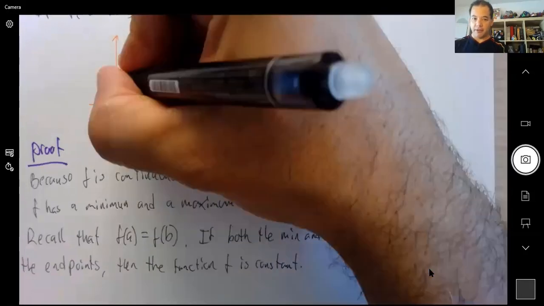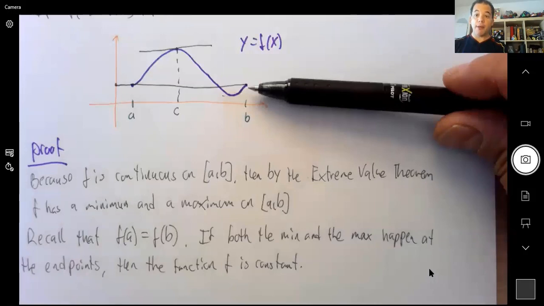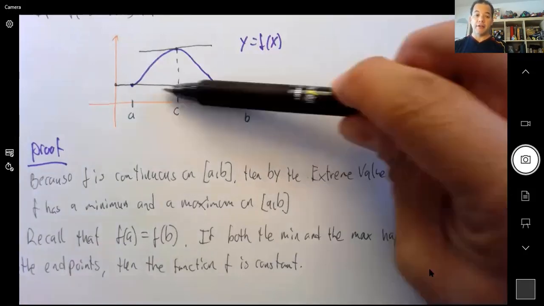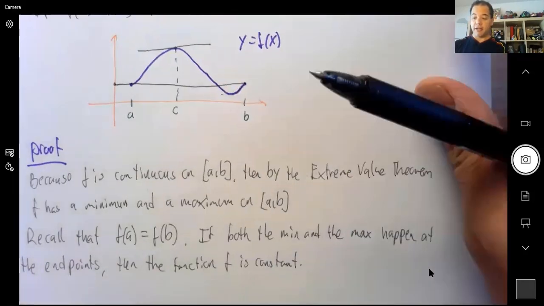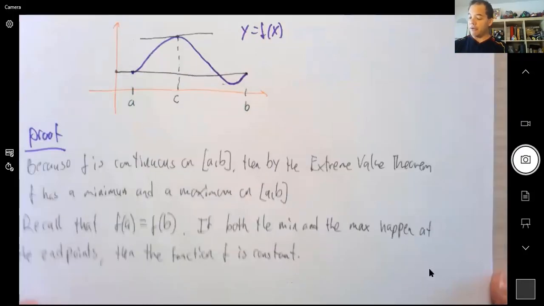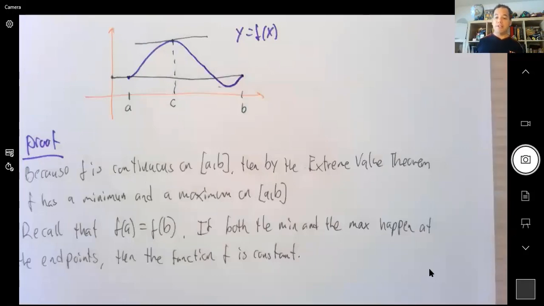This height over here. And imagine that this is both the minimum and the maximum. If it's the minimum and the maximum, that means the function is just a line, a constant line. And if the function is constant, then indeed any point in between works. If it's a straight horizontal line, then any point in between will work.